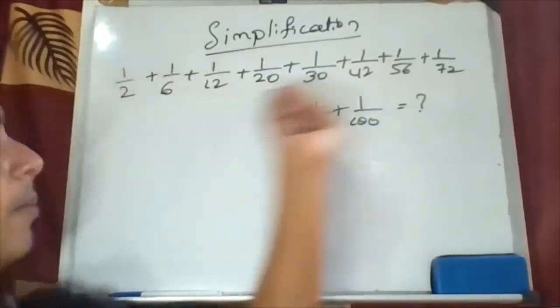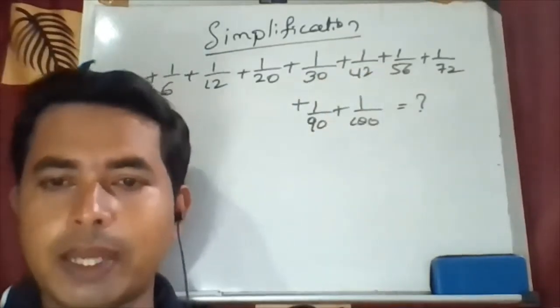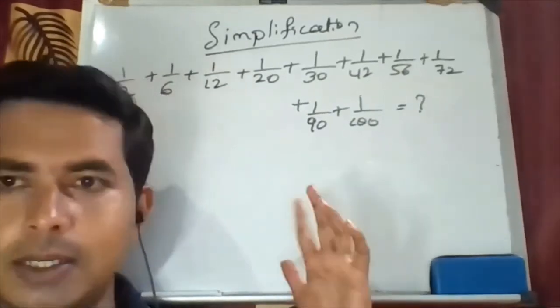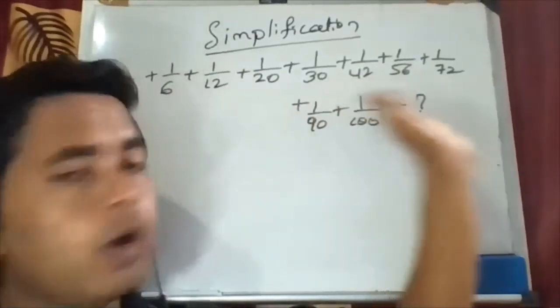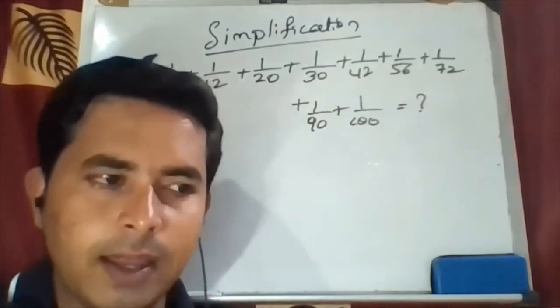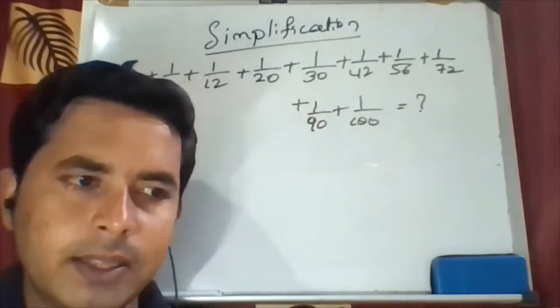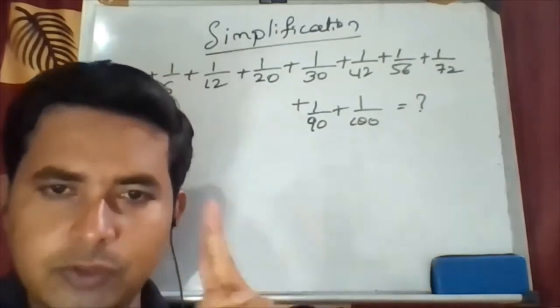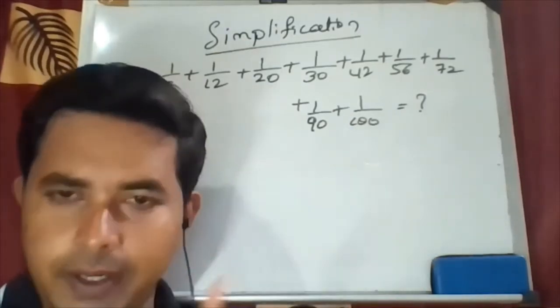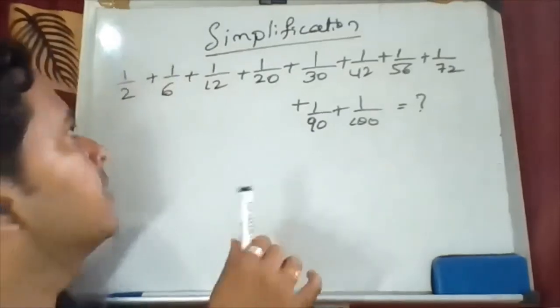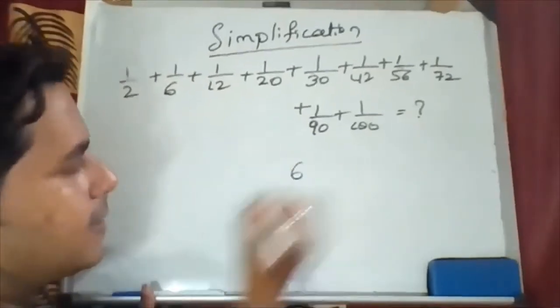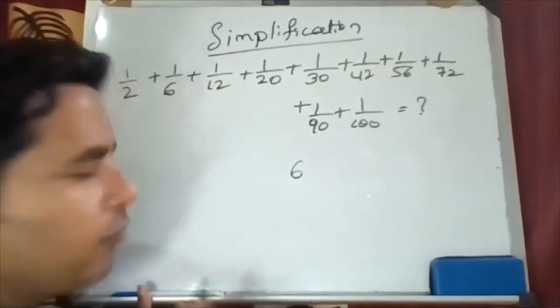So whatever numbers are given, look at their factors. Just see the multiplication factors of all the denominator values, and whatever factors you are getting, there should be a difference in those factors. The difference should be 1. Okay, for example, if you take 6 as the number, find out the two factors of 6.